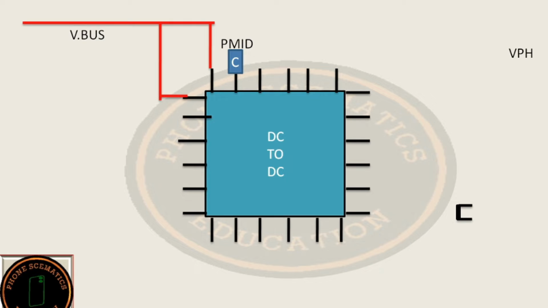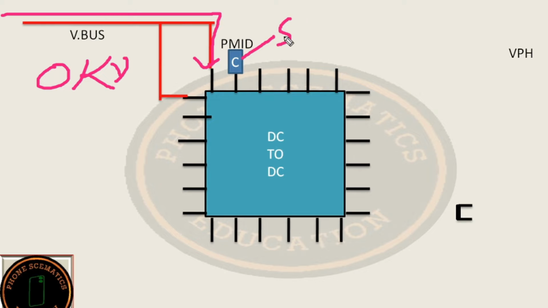If you get 5 volt here, it means the VBUS line from the charging connector to this IC, this whole line, is okay 100%. If you get 5 volt on the PMID line, that means from the charging connector to this IC, the line is all connected to this point. If you don't get 5 volt here, that means the line is broken somewhere.